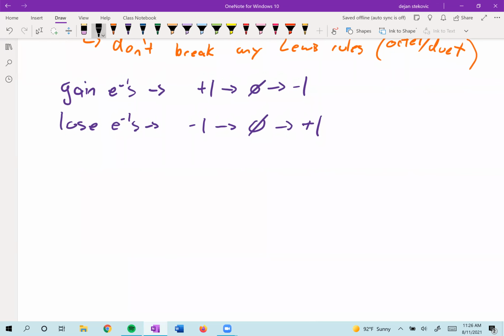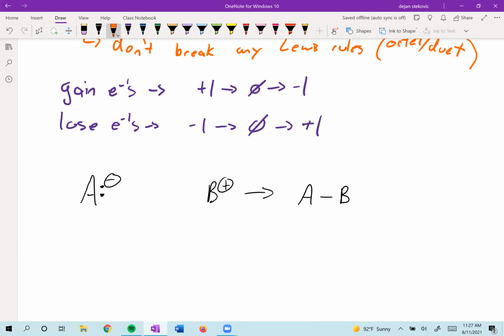So let's take a generic example. In this case, we have A-, which does have a lone pair. If you have a negative sign, you can assume that it has a lone pair and you don't have to draw the lone pair. And then we have B+. And so we're going to form a bond between A and B to form our AB product.